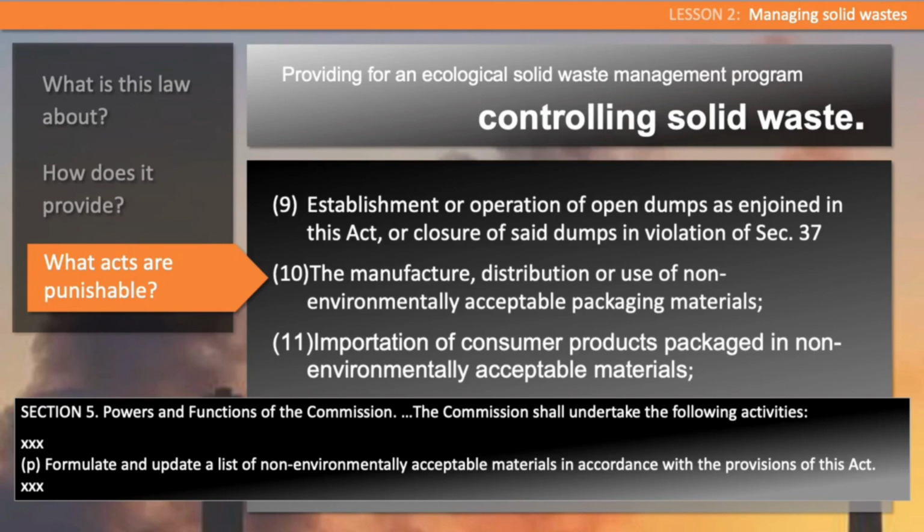But the one thing that you have to just keep in mind here is, and I'm going to refer, I didn't have it here on the screen, but I'll just refer to it. The second provision I found under non-environmentally acceptable is the one that talks about due process in relation to this list that the Commission maintains. What that means is that if there is a material that looks to be non-environmentally acceptable based on the criteria set by the Commission, they don't just automatically add it.